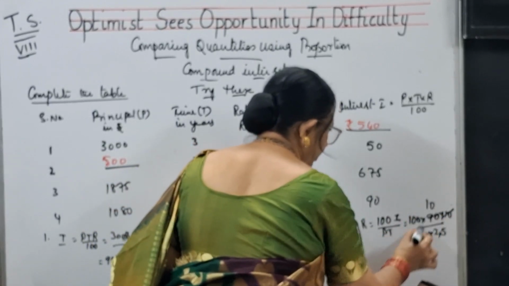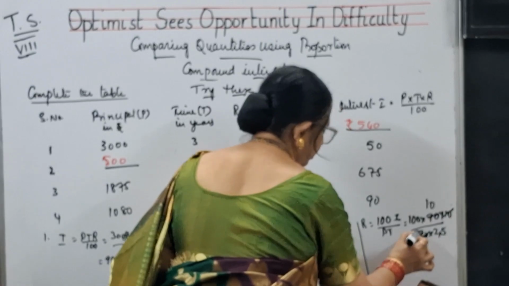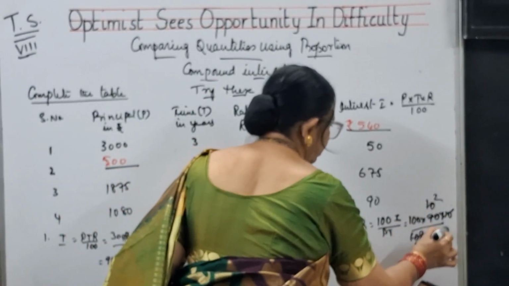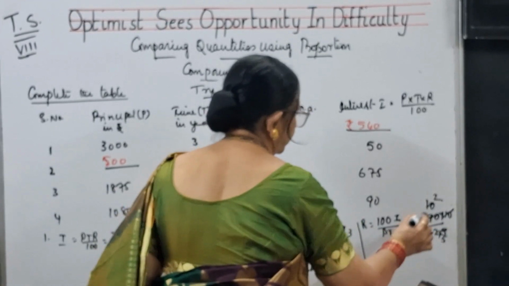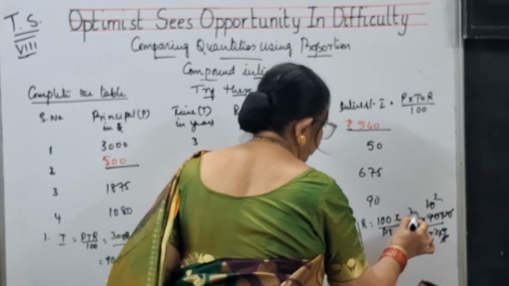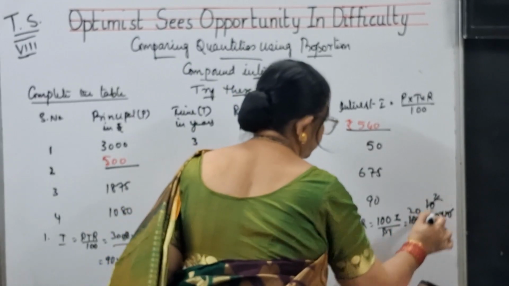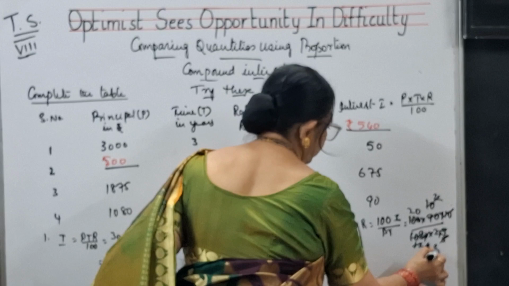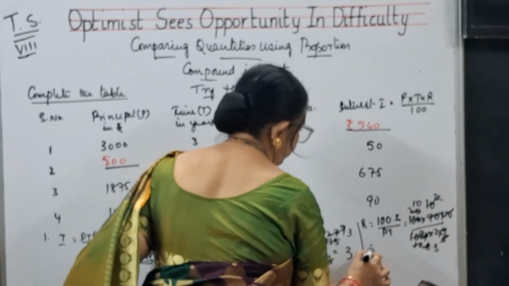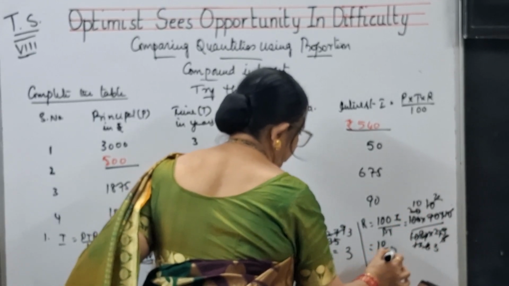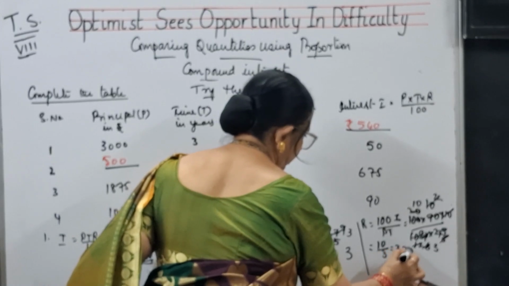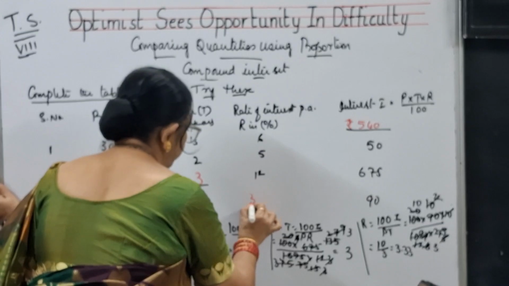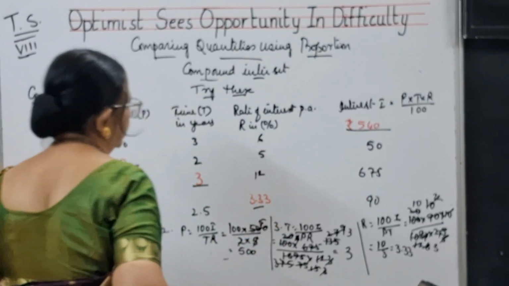Dividing step by step, you are getting 10 by 3. That means 3 threes are 9, 3 threes are 9, it goes on like this. This value is 3.33, and so on it goes.